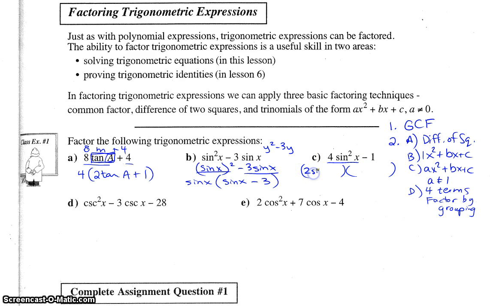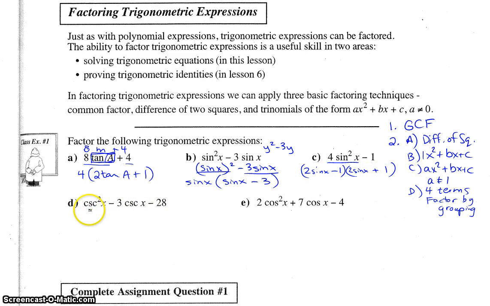So 2 sine x, and write 2 sine x here as well. Check it. 2 sine x times 2 sine x, 4 sine squared. Good. Square root of 1, 1. And with opposite signs, we would then get the outside and the inside terms to cancel if we expanded it, hence giving us only the 2 terms from multiplying first and last. There you go. That's your factored form.